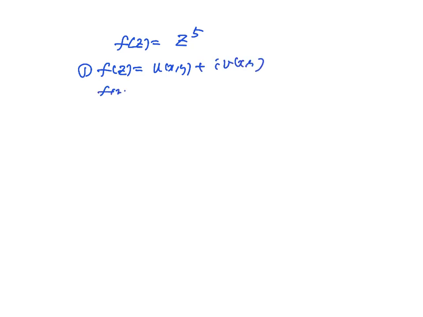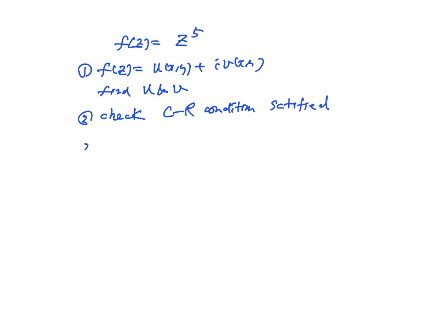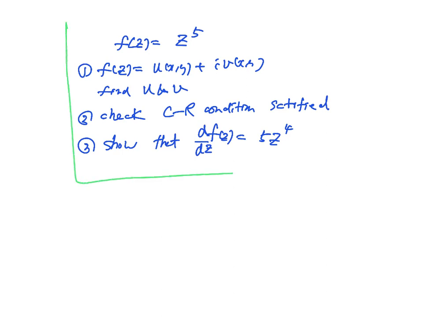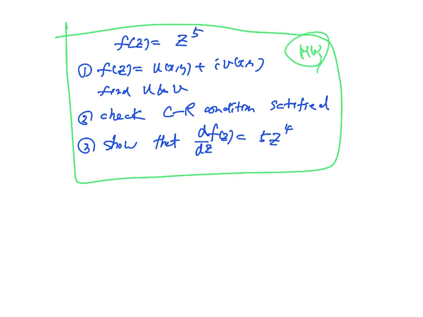So find u and v. Check the CR condition is satisfied. Show that df/dz is 5 z to the fourth. So that can be a good quiz problem, for example. So maybe you want to do it as a homework as well. This is a good exercise for you.